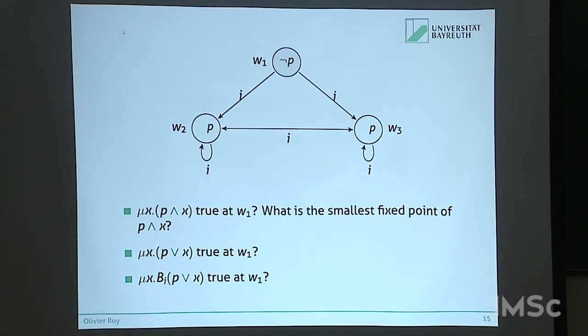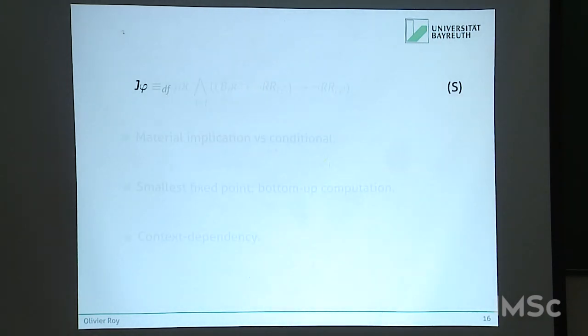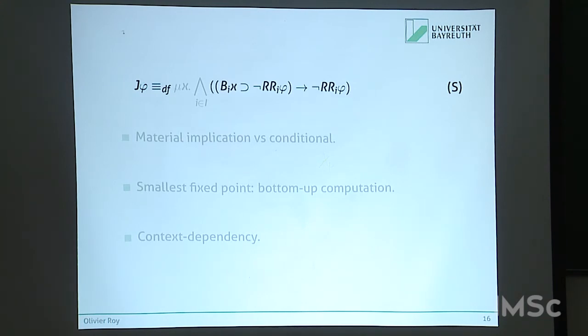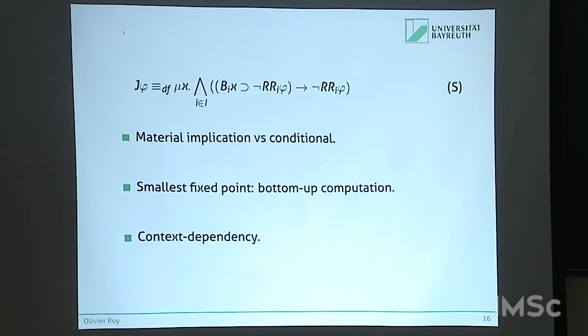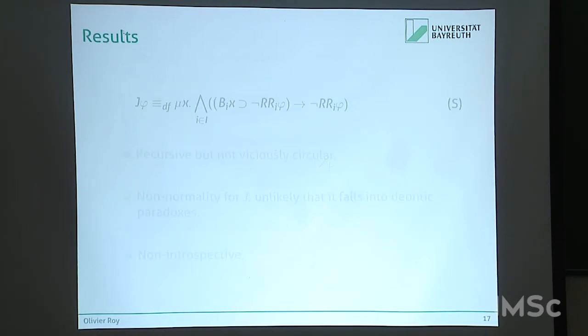For instance, it can express notions like safety and liveness if you're interested in verification of protocols. So that's very good. And it has this recursive character, which is interesting for capturing this notion of justification of norms that I was mentioning at the beginning of this part. So this is the complicated formula that we use in the paper, which has a lot of very nice properties, but I refer you to the paper for that.